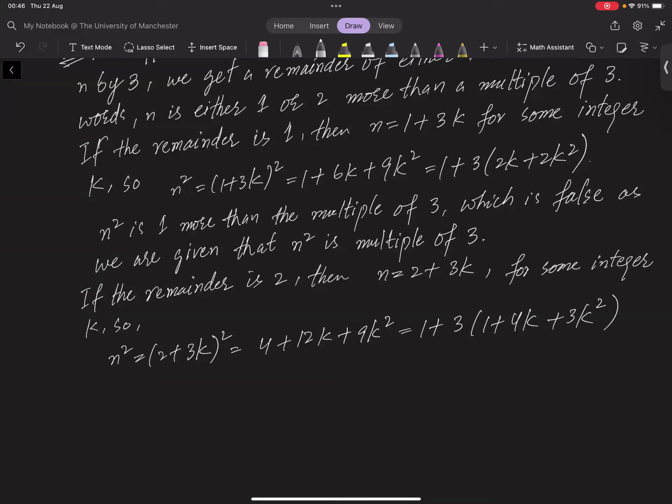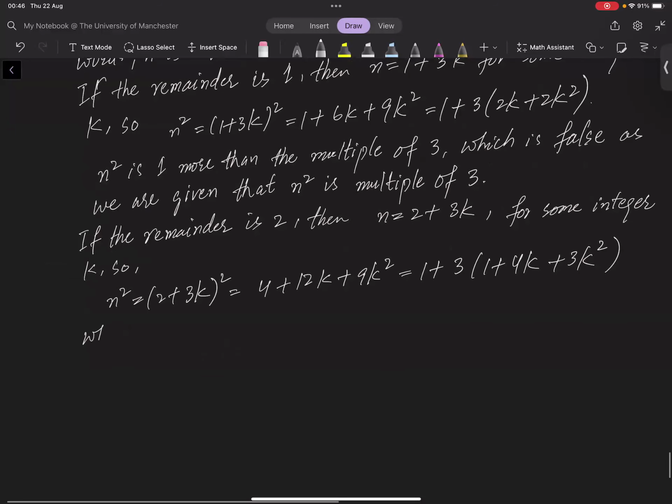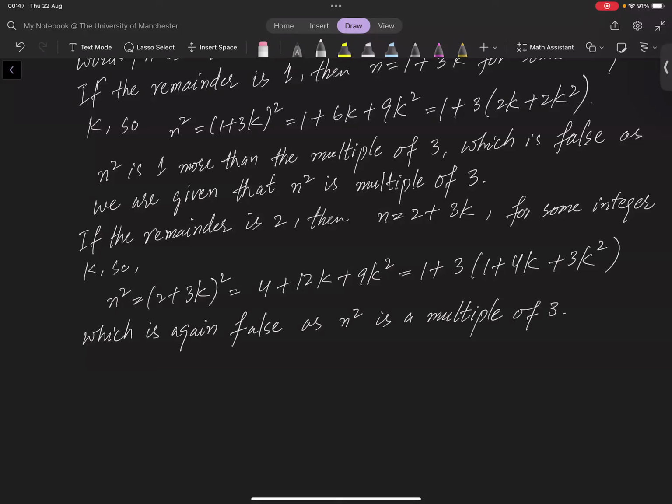Which is again false, since n square is a multiple of 3.